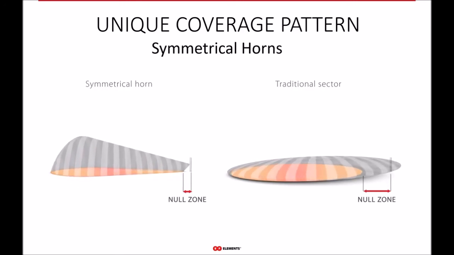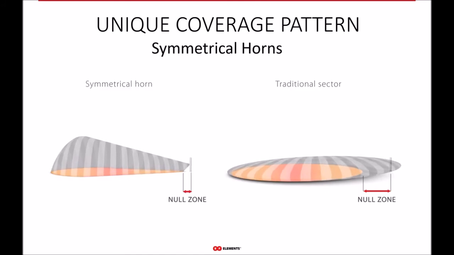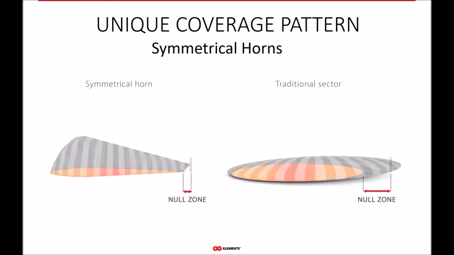Of course, you can always say, well, I can tilt the patch array sector so much that it covers the null zone pretty well, which is true in the end, but you completely lose the coverage of the distant areas simply because of the shape of the radiation pattern.